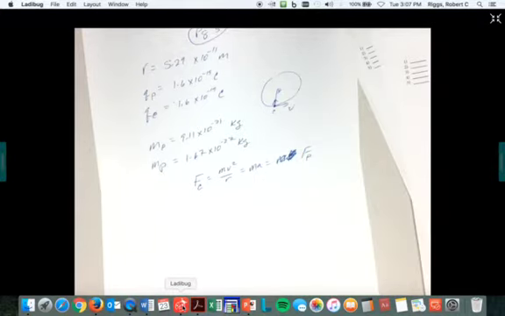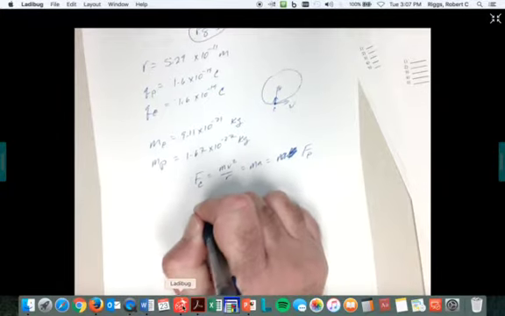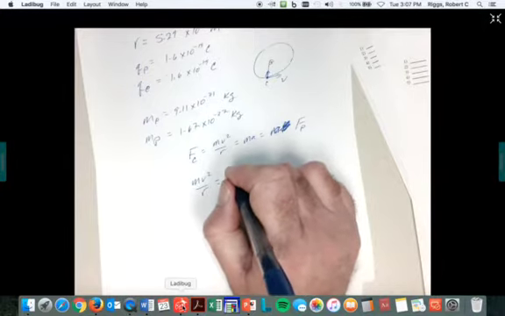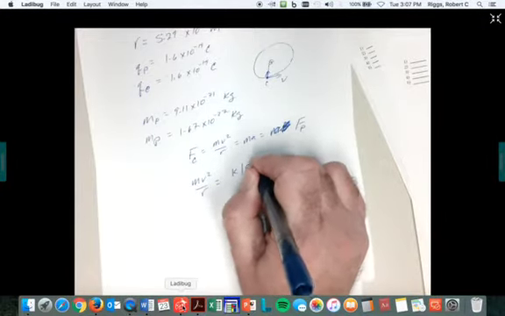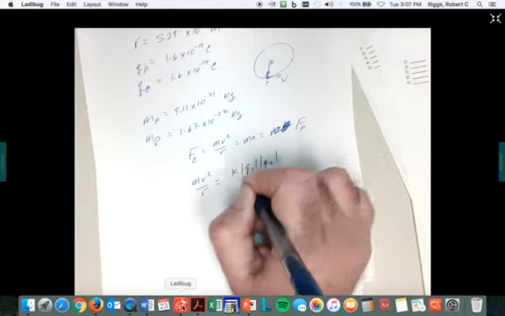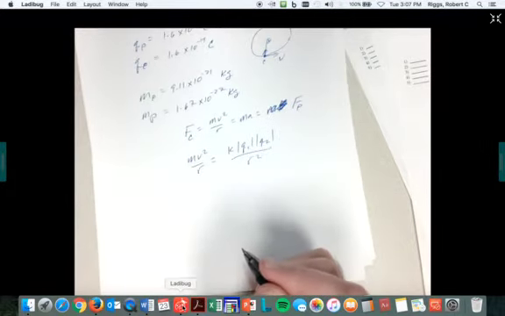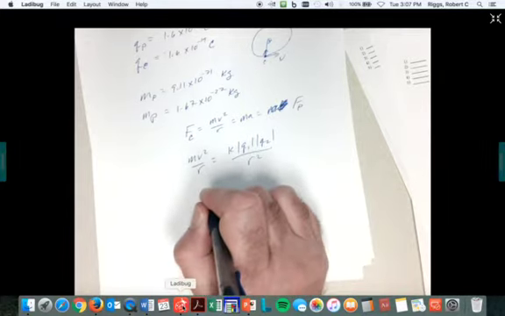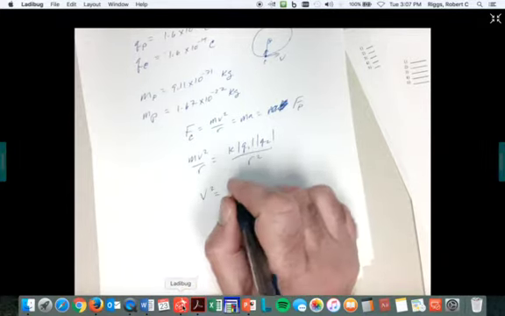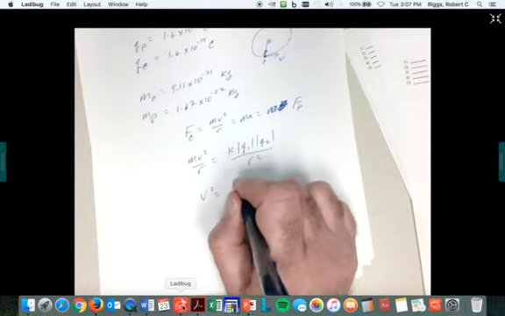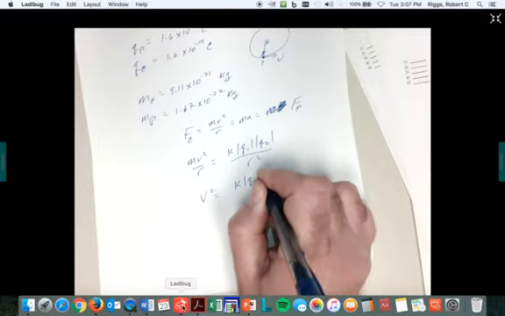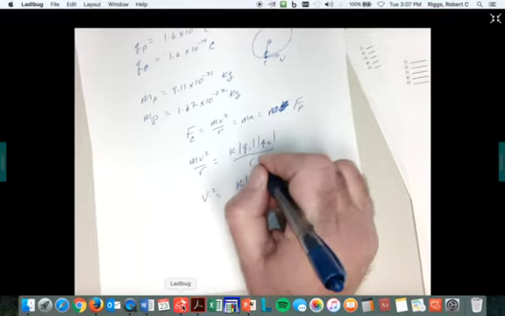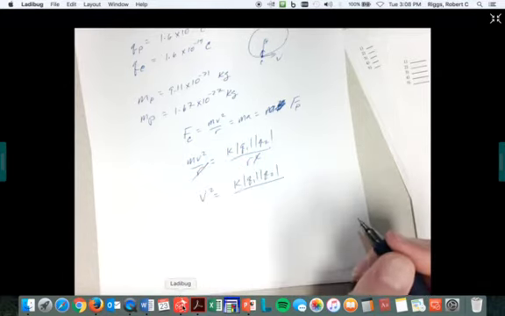Aha! So I've got mv squared over r is equal to k times q1 times q2 over r squared. I get some dinky numbers here. So I wind up with v squared is equal to k q squared over m r, if I multiply both sides by r, then that r goes away and that one gets canceled.